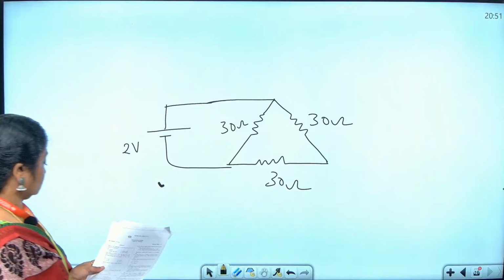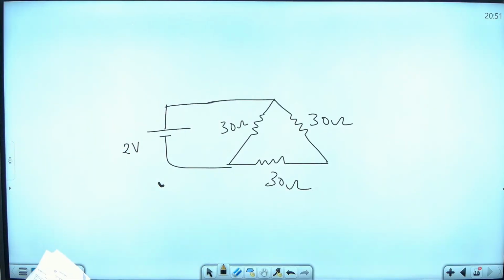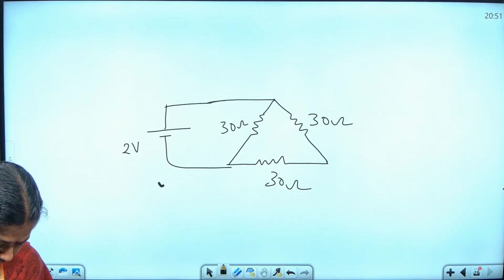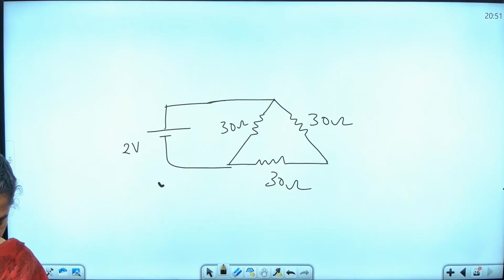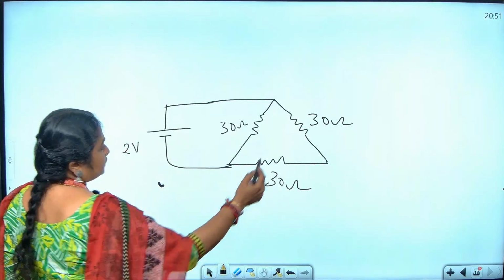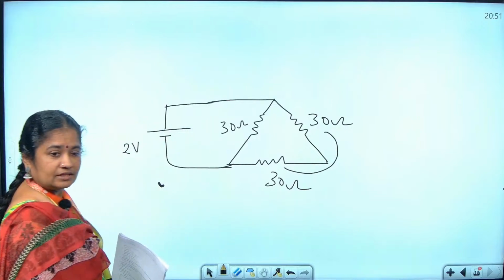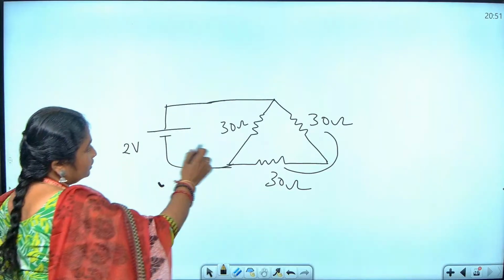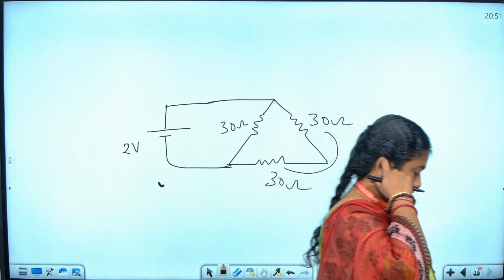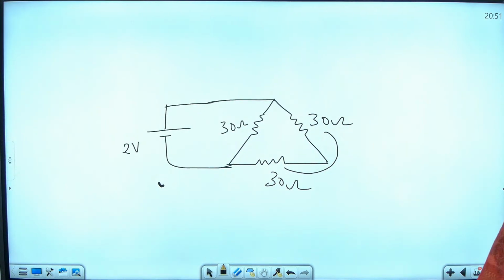Calculate fast. This 30 and 30 are in series. The total answer is in parallel to the next 30. So find the total resistance. 0.01.